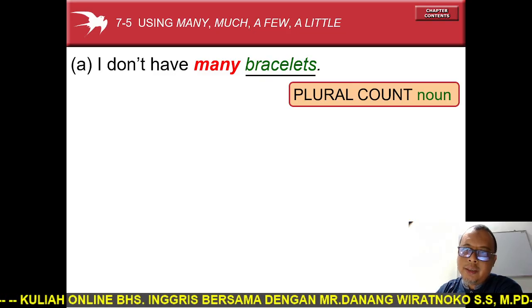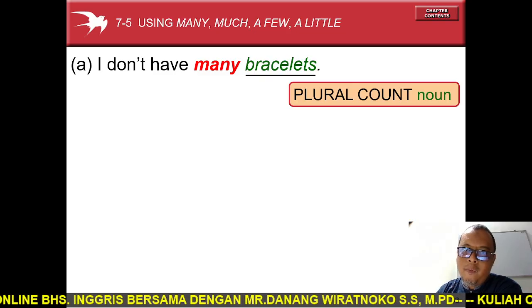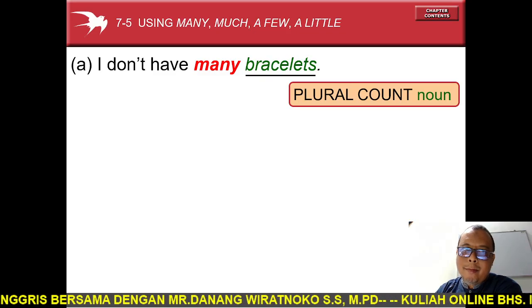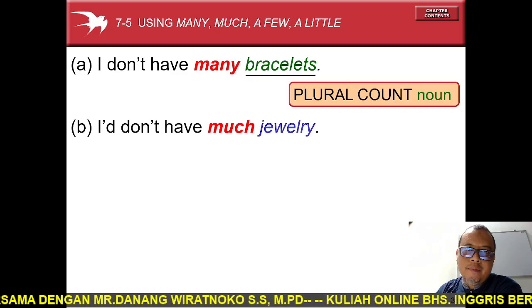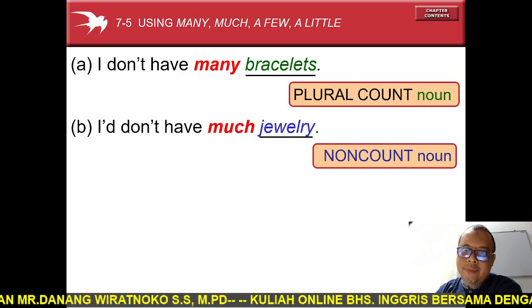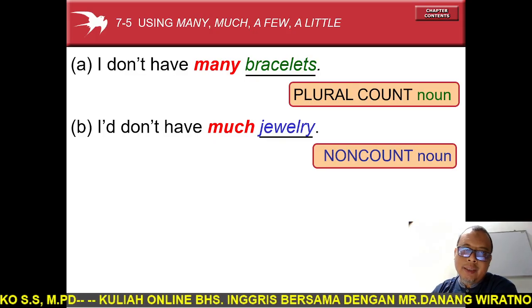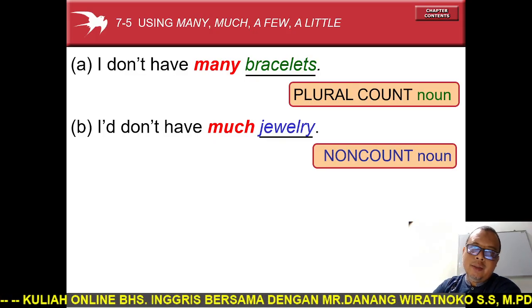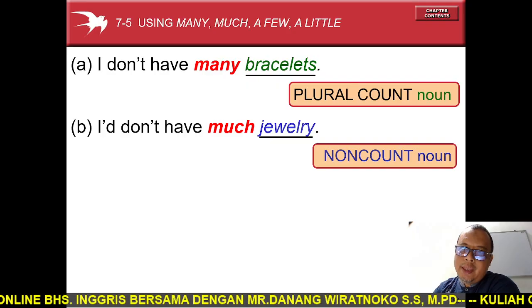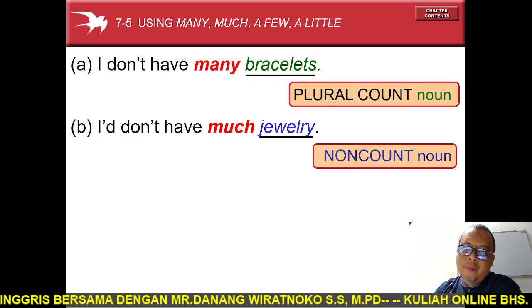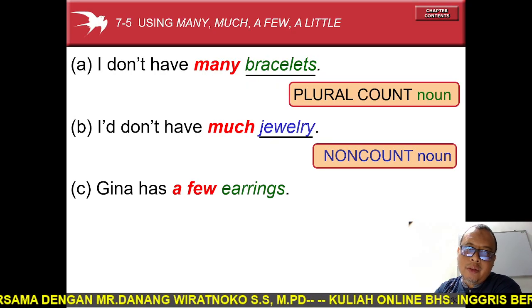Plural countable noun, bracelets. Okay, I don't have much jewelry. Uncountable noun, yeah. So we can say many with countable nouns, and much with uncountable nouns.